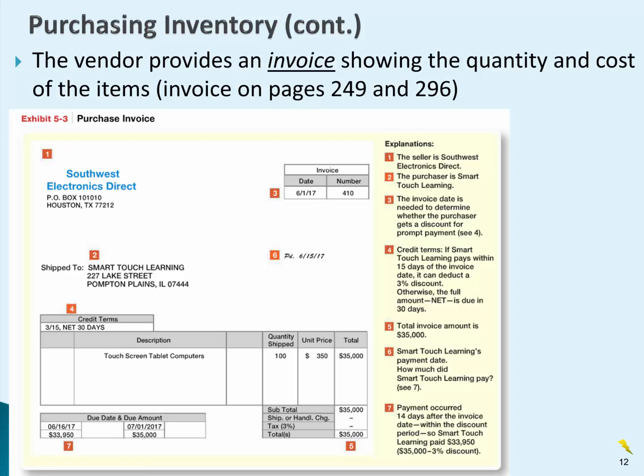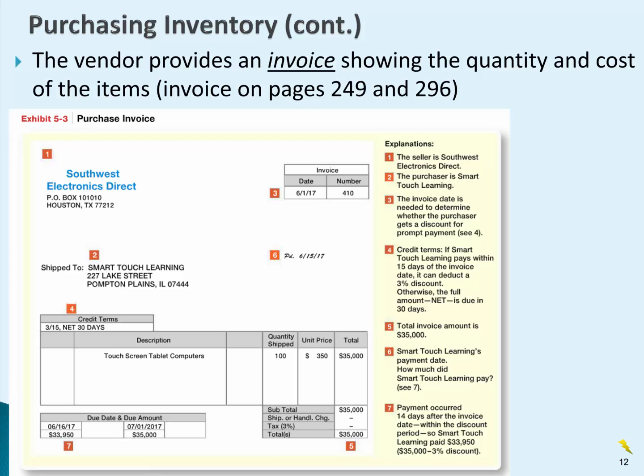So now let's look at an example of an invoice. The cycle of merchandising begins with the purchase of inventory, and the inventory account is increased each time merchandise is purchased. So this invoice is a seller's request for payment from the buyer. It indicates the quantity and cost of the items purchased.